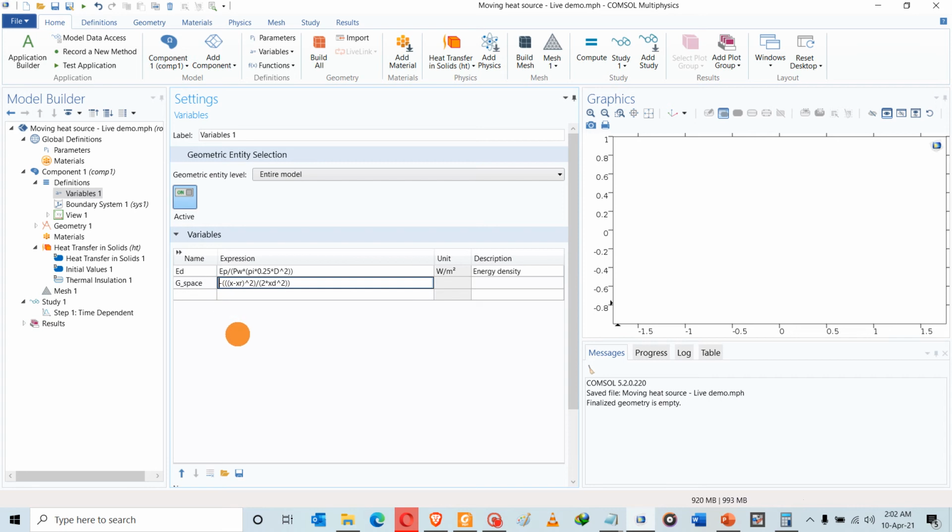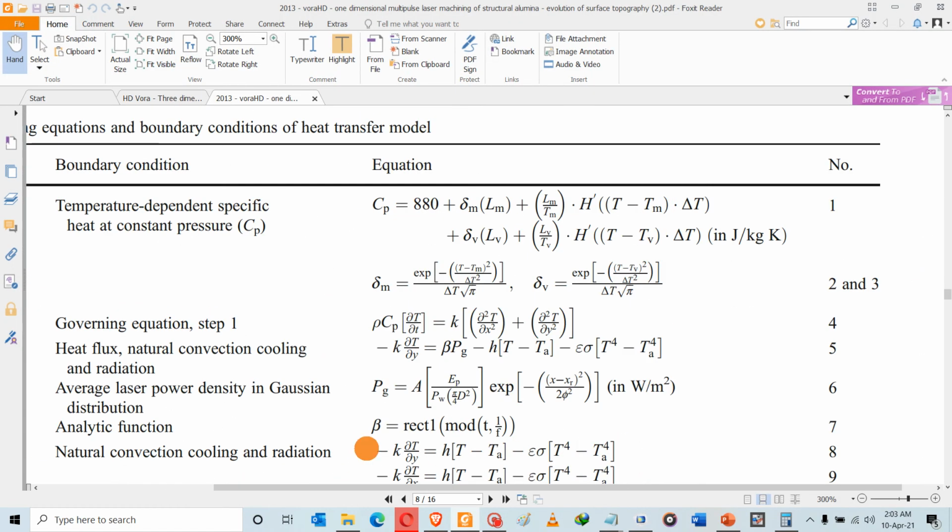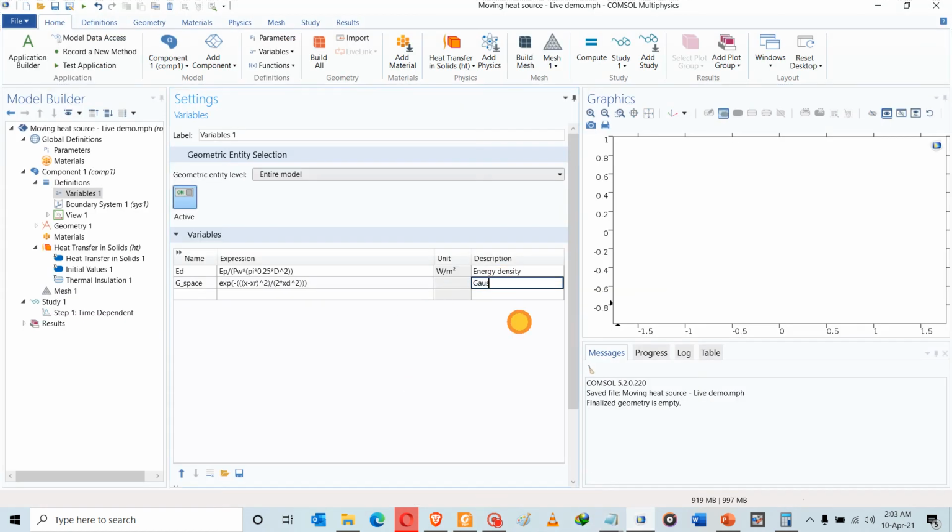Then I put in exp here. There we are. So we have a Gaussian. Is it double S? Zooming out. No, it's not double S. Okay. Gaussian space or Gaussian distribution. You just say distribution here.